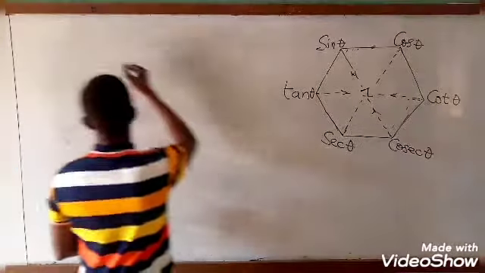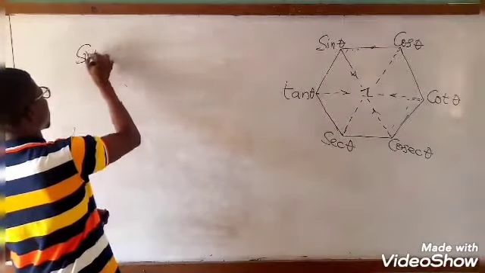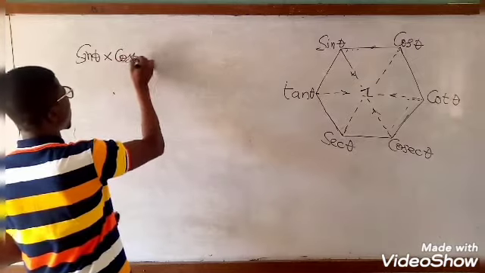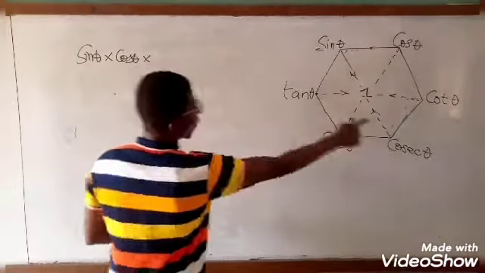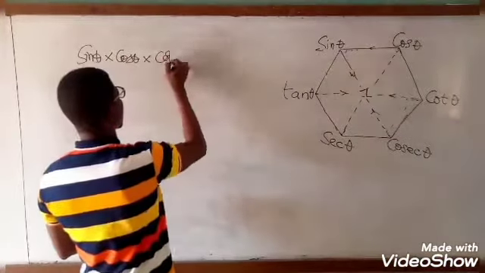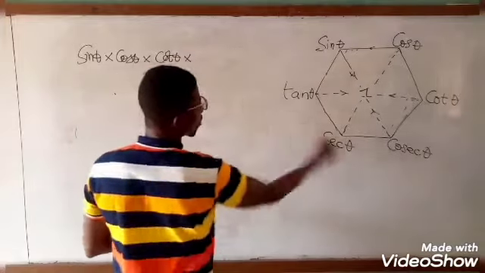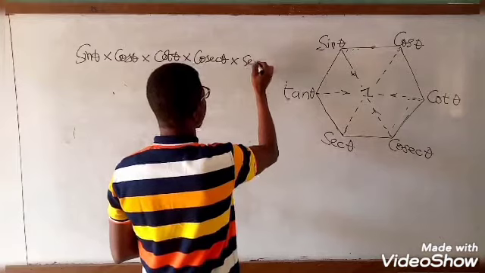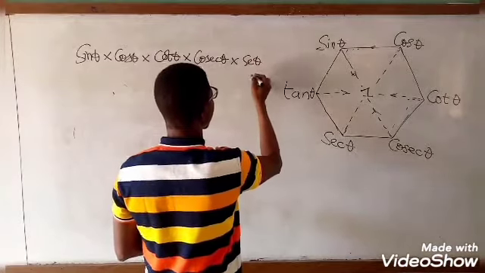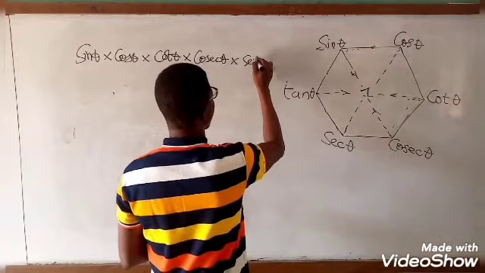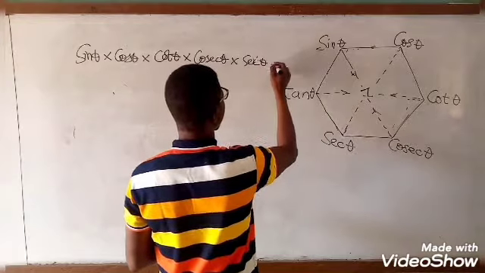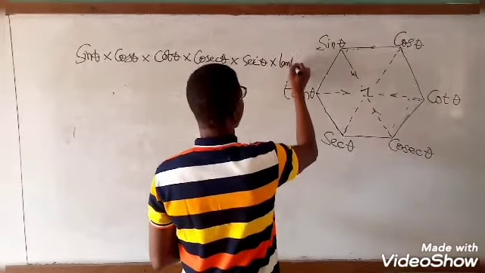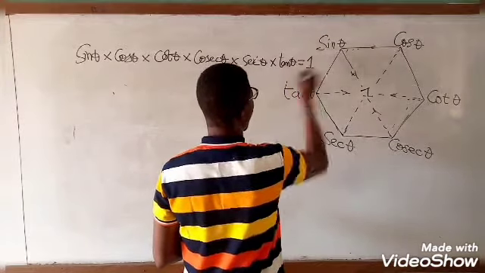Sin theta times cos theta times cot theta times cosec theta times sec theta times tan theta, the result is 1.